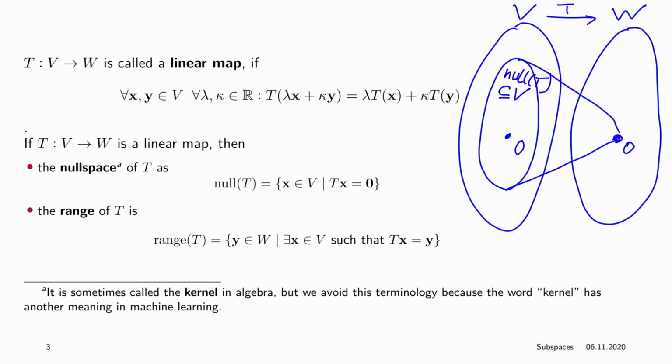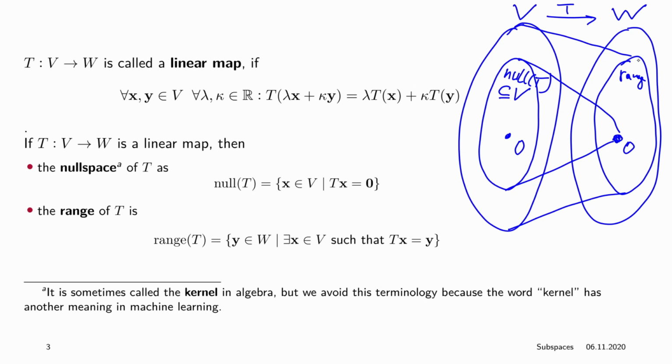On the other hand, the range of T is a subspace of W. Namely, it's the set of vectors in W that any vector in V maps to.